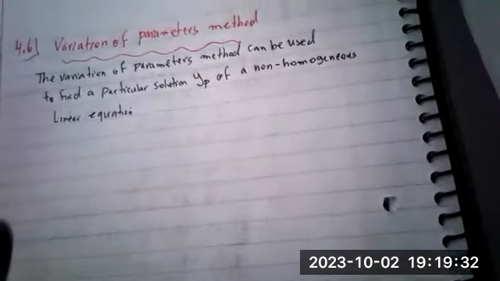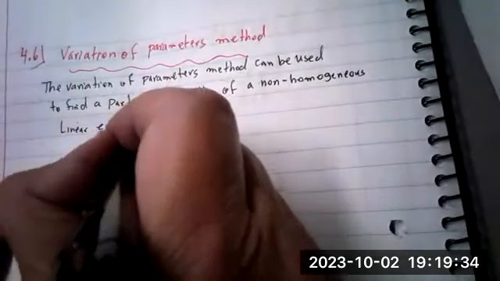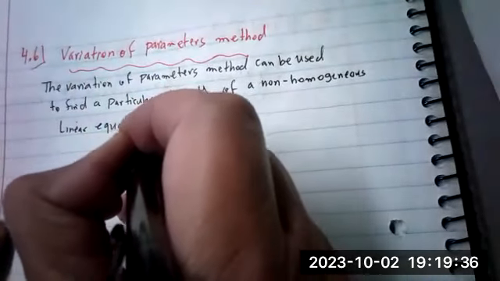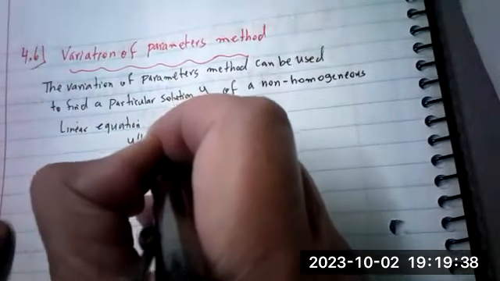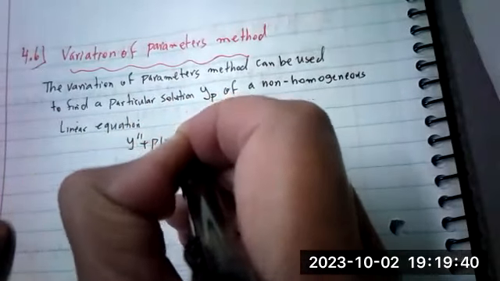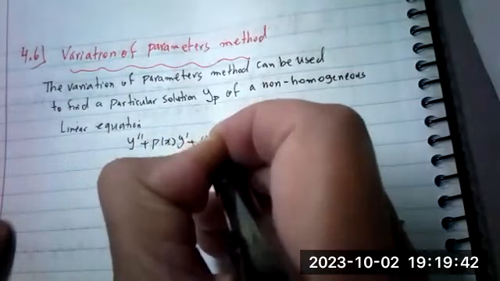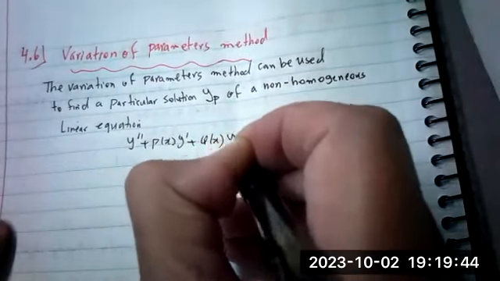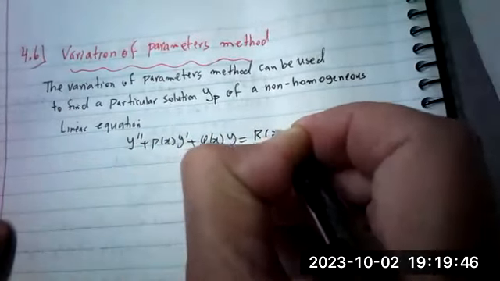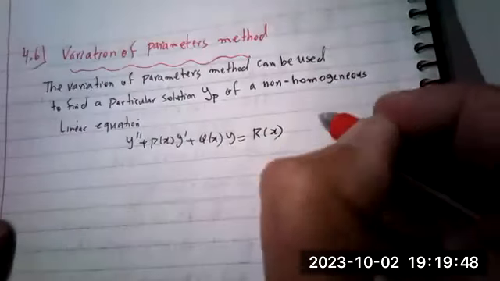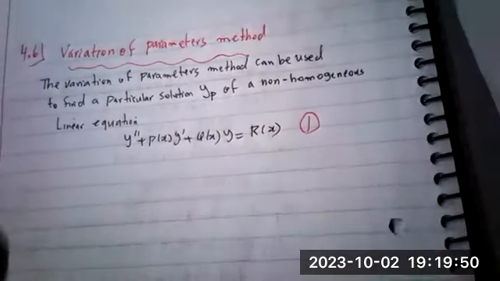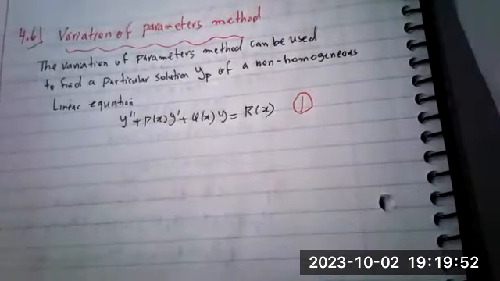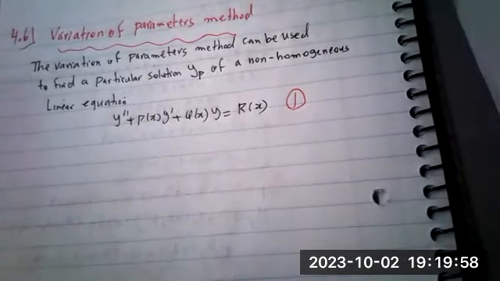Look at the form of the equation. It's a general equation: y double prime plus p of x y prime plus q of x y equals r of x. You see, no restriction. The coefficients can be anything you like, constant or non-constant, and r of x, again, anything you like.